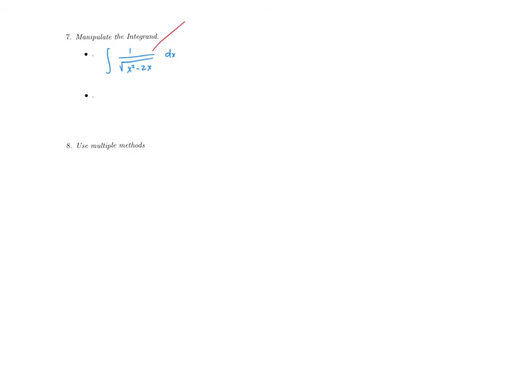So if we complete the square, and I will let you do the algebra, you can rewrite this as follows. Underneath the square root, it would be x minus 1 squared minus 1. And this is a scenario where we can apply a trig substitution.